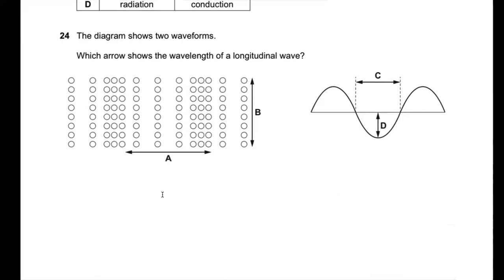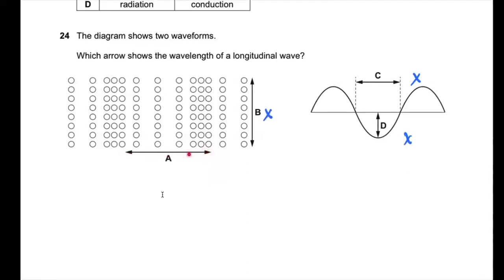Now keep in mind that even if there was a wavelength marked here, this could have also been correct, right? Because you don't know what graph shape this is, but here both of these are not the wavelength. One of these is the amplitude. The other one, if you see properly, is half the wavelength. This is supposed to be the full wavelength. Obviously, this is not the wavelength.